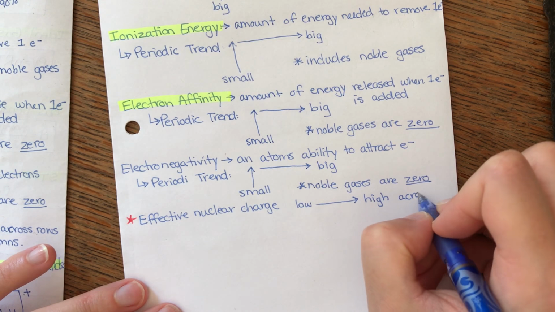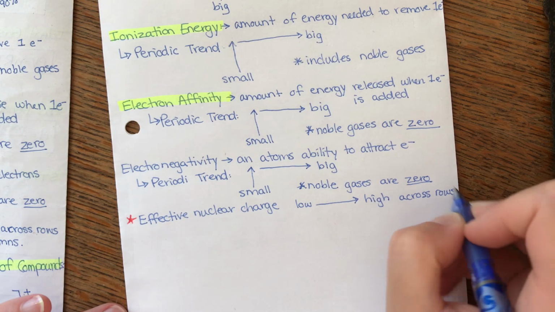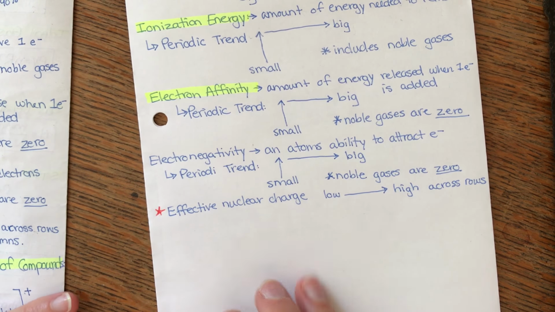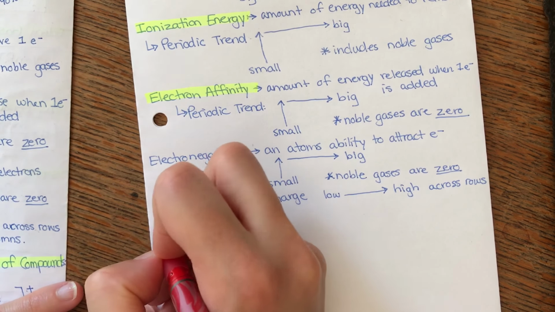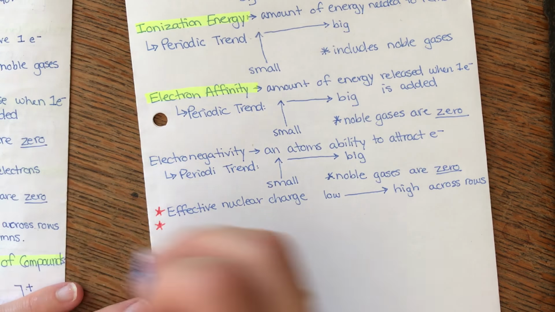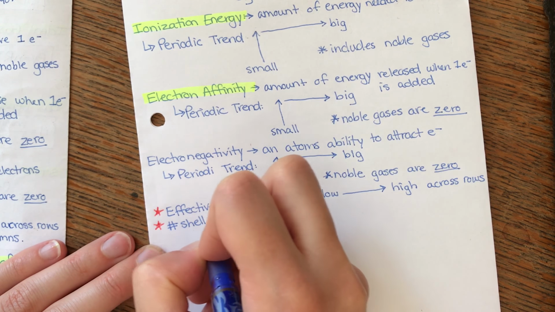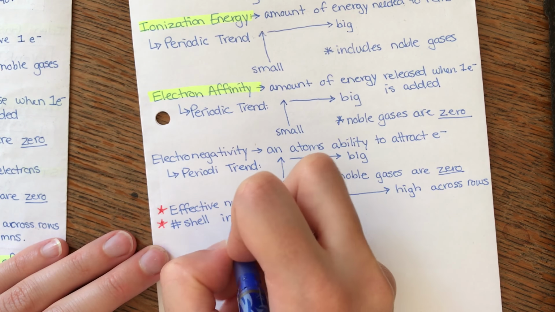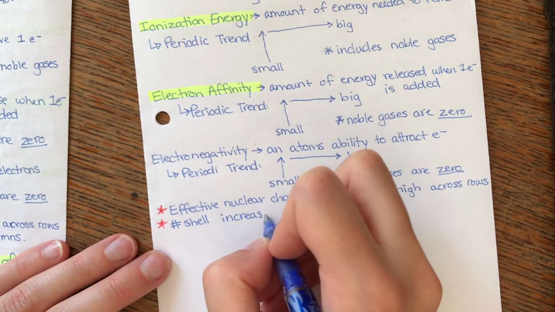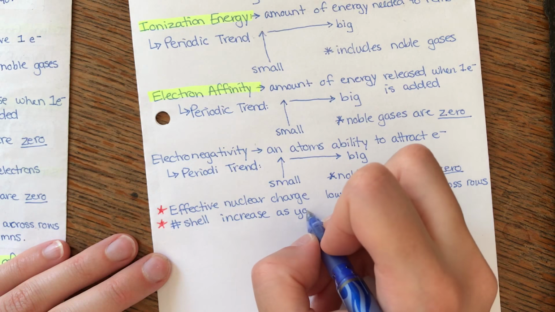Across the row, it increases from low to high across rows. And then when we talk about the up and down piece, we're looking at the number of shells, which increases as you go down in columns.